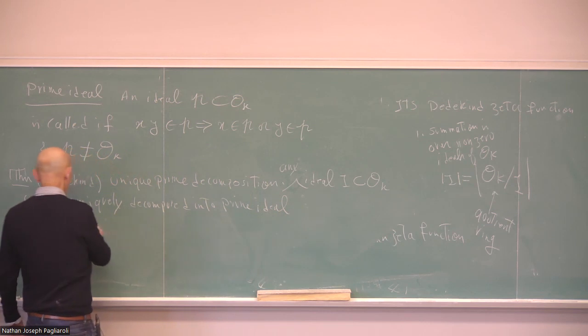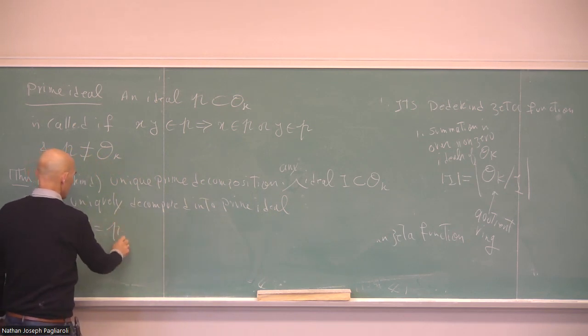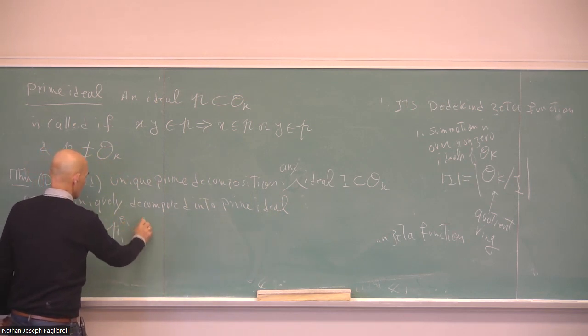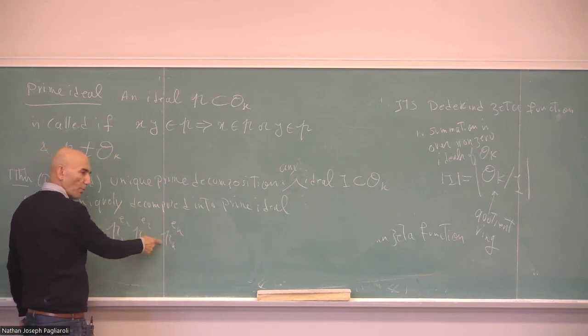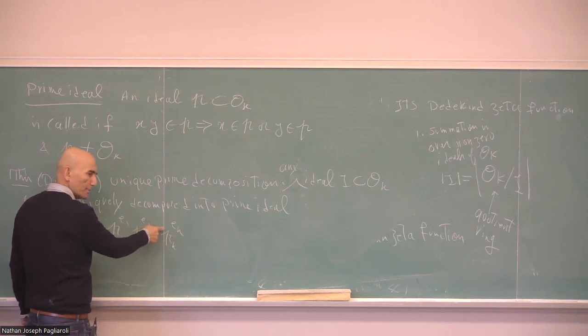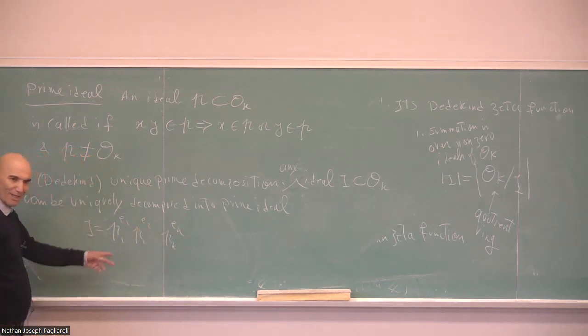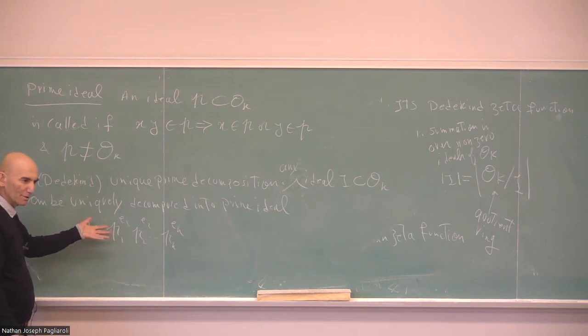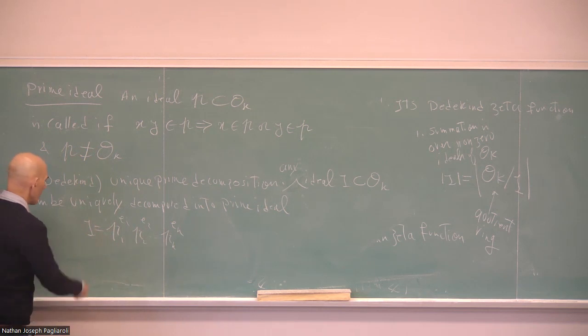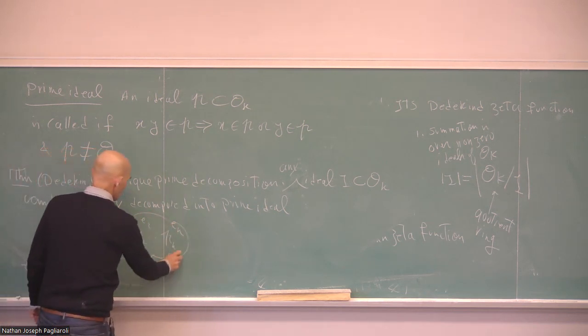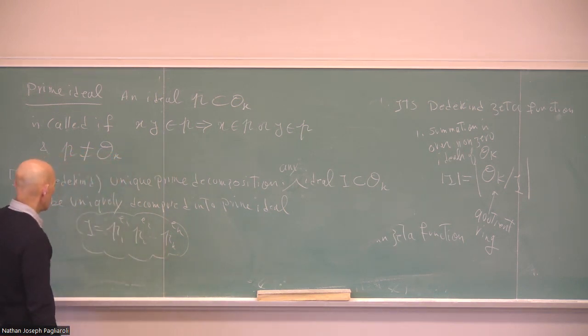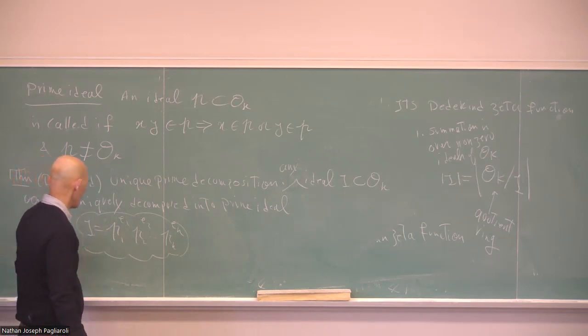I can be written as P1^e1 ... Pk^ek. These are distinct prime ideals, and these are some powers. The only thing you may not know here is the definition of products of ideals. But you know that, right? Okay, so this was a big theorem that was proved by Dedekind.